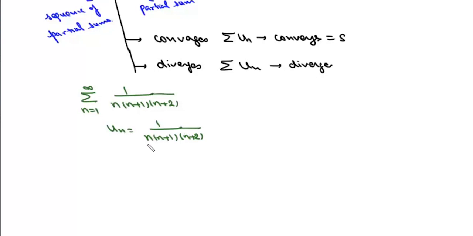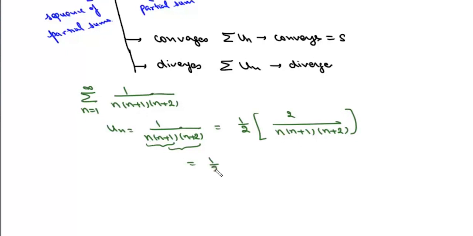Now what we'll do is we'll split this in two parts, taking these two together and these two together, and the difference between n and n plus 2 is 2. So we'll write this as 1 by 2 and then 2 upon n plus 1, n plus 2, and we can write this as 1 by 2, and it will be n plus 2 minus n upon n plus 1, n plus 2.